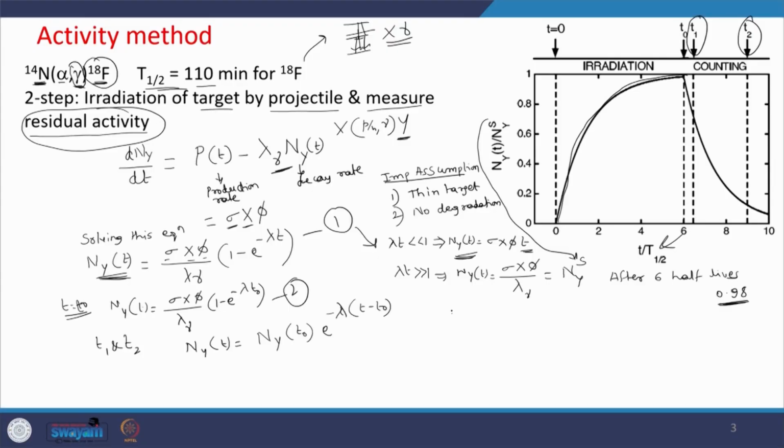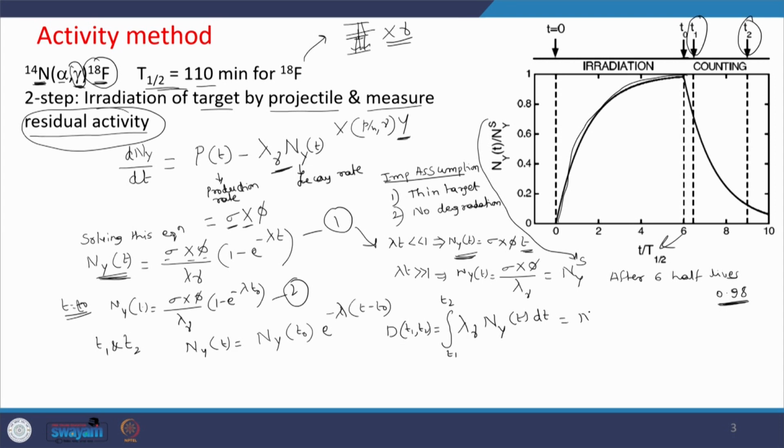It is nothing but the integral of the activity, lambda_y N_y, from t1 to t2. Lambda, that is decay happening, and N_y(t) dt, and the number of disintegrations in this period, from t1 to t2, is given by this.